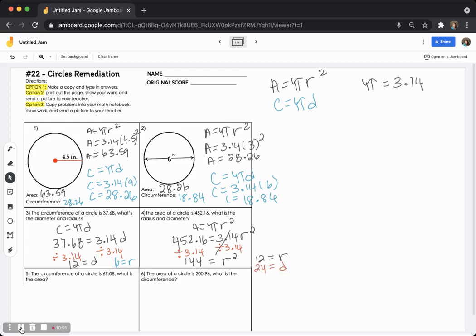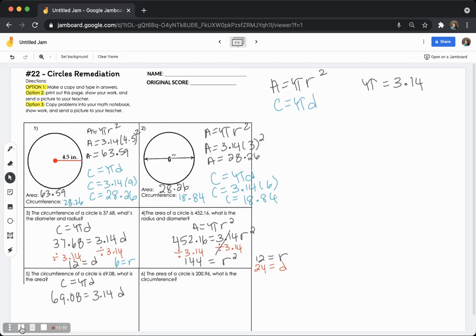All right, number 5 says the circumference of a circle is 69.08. What is the area? So I'm going to start with the circumference formula, pi times diameter. The circumference is 69.08. Pi is 3.14, and I'm solving for the diameter.